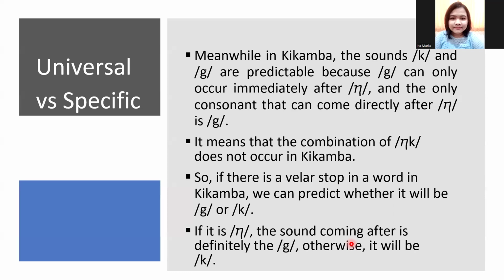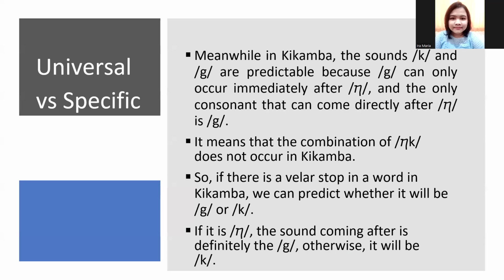The vocal cords do not vibrate during the production of this sound, hence it is termed voiceless. And when pronouncing the k sound in Kikamba, the articulators, the tongue and velum, come together to create an obstruction, and then the airflow is released, producing the sound.